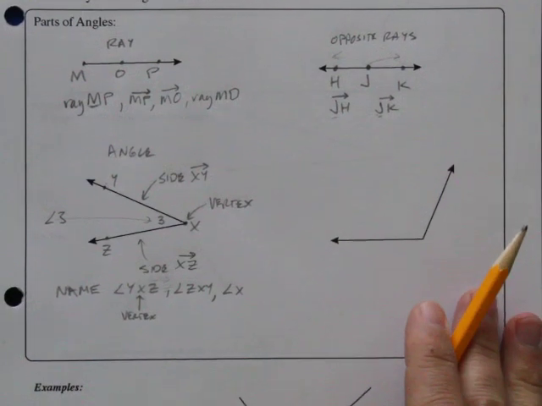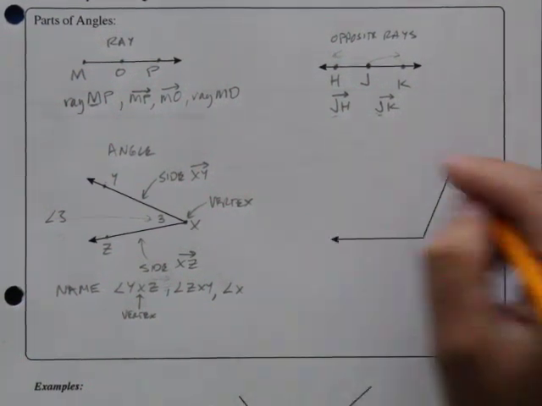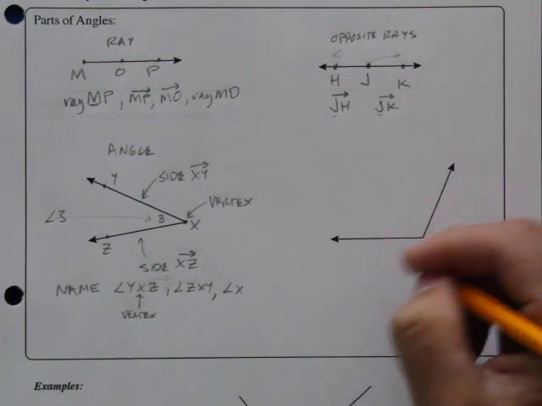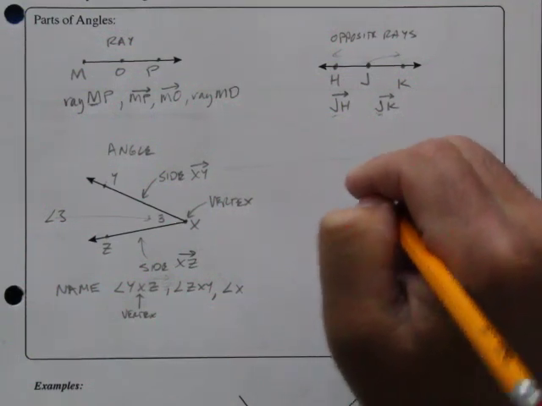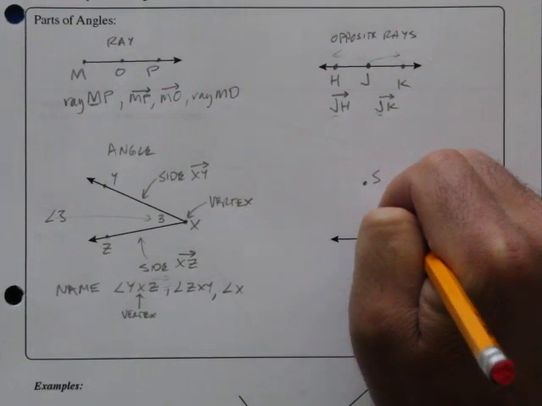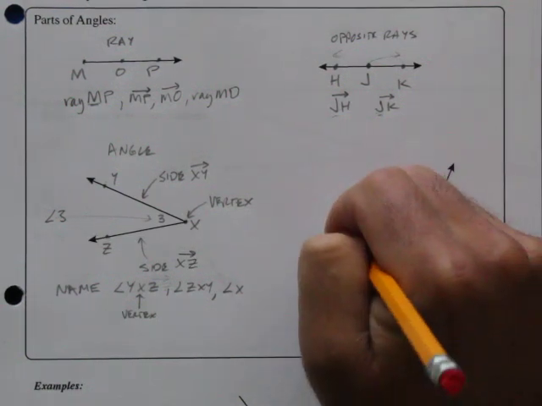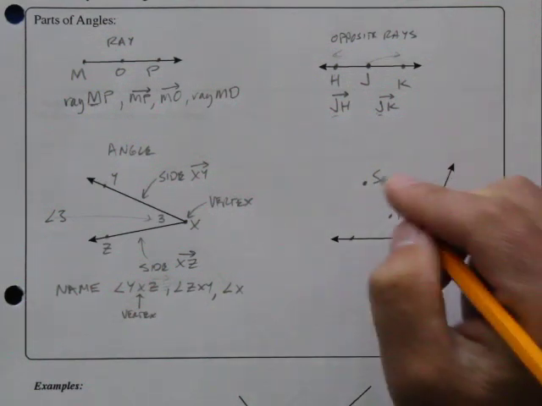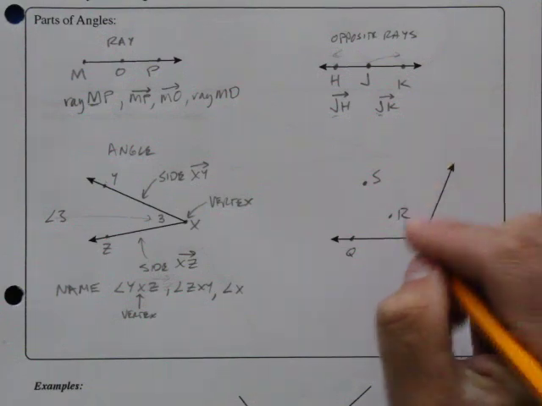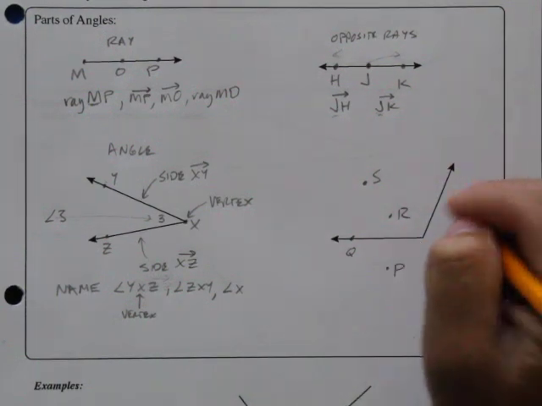Next, we're going to draw some points on this angle here, and then talk about that. So I've got point S and point R. These guys are just floating out here. Point Q here, point P here.